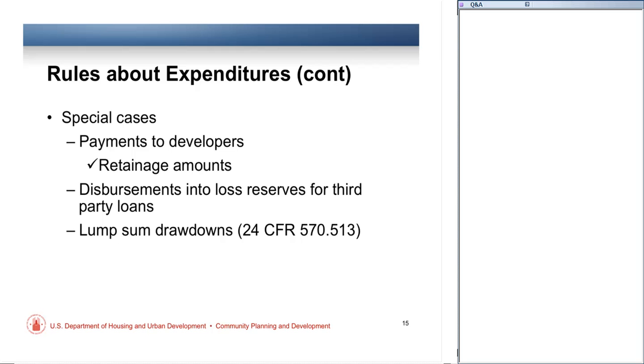If there is an agreement that requires performance by the developer in order to get paid, and there's an amount attached to that performance, then until that performance occurs, there's really no obligation or no requirement that the developer be paid. So that's the general rule.